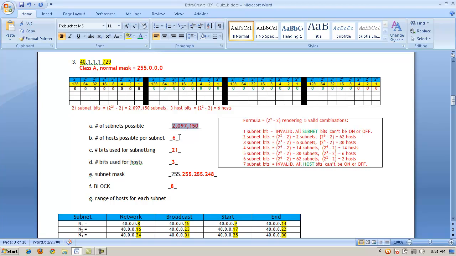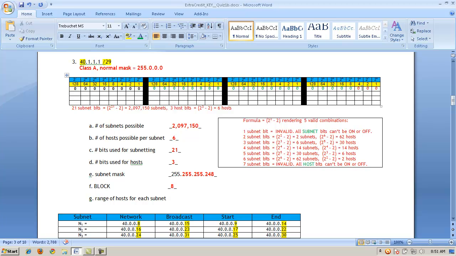So we have that figured out, right? The number of subnets possible, the number of hosts possible per subnet, and the number of bits we're using for subnetting. We know the number of bits we're using for the host because of the class and the CIDR notation up here. Now what about the subnet mask? Well, in the last octet is where we finally have host bits, once the CIDR finishes out at 29.